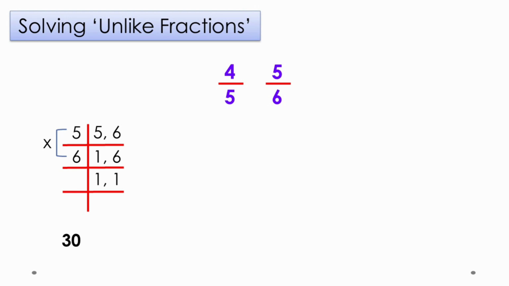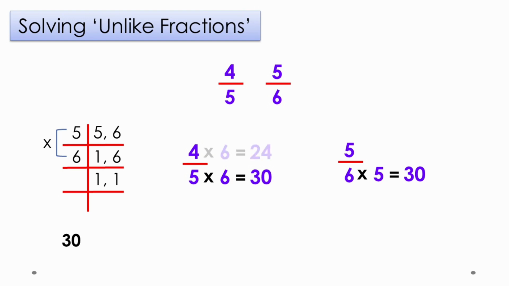Now, how do we make the denominators 30 for both the fractions? As we can see in the first fraction, multiplying the denominator 5 with 6 gives us 30. And in the second fraction, multiplying the denominator 6 with 5 gives us 30. But please remember, if we are multiplying the denominator by 6 in first fraction, then the numerator will also be multiplied by 6.